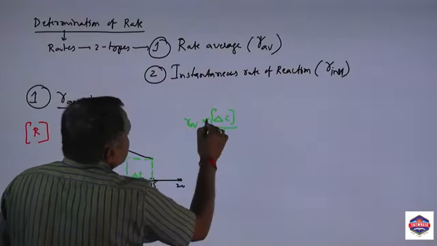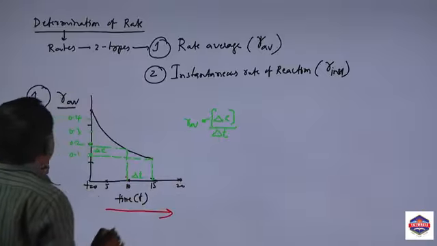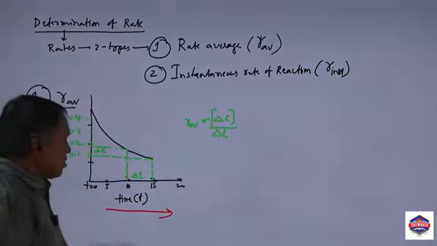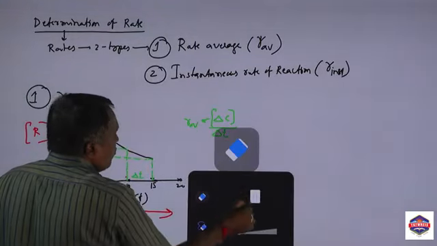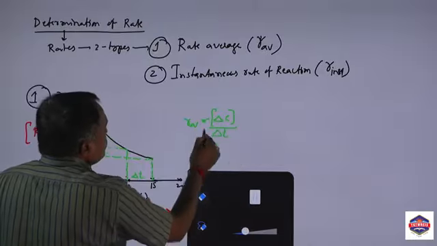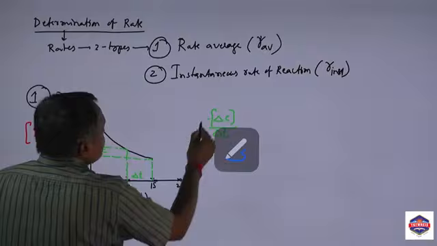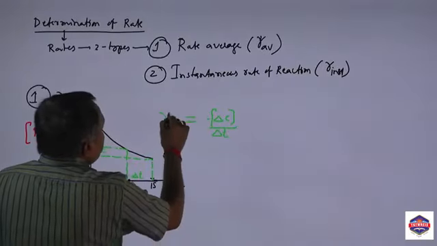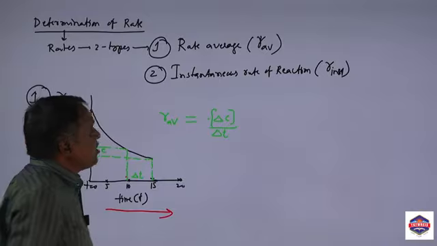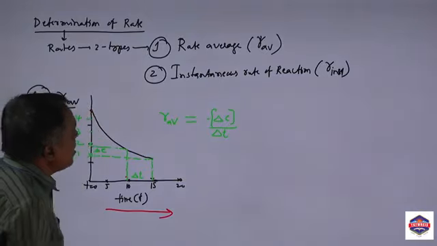Why is it minus? Because it is the rate with respect to reactants. Therefore, you must place a negative sign before it. This is the rate average: R average is equal to negative delta C by delta t.